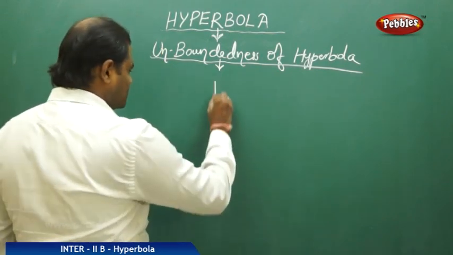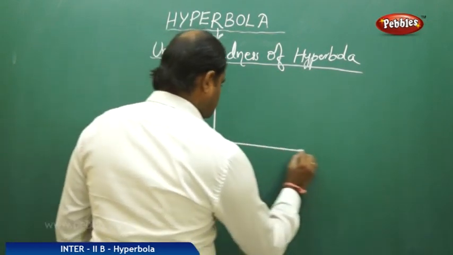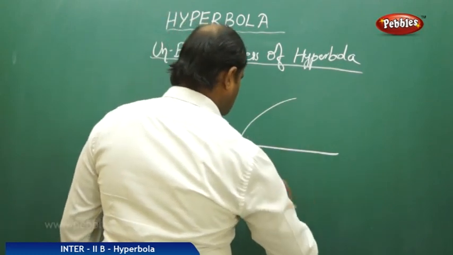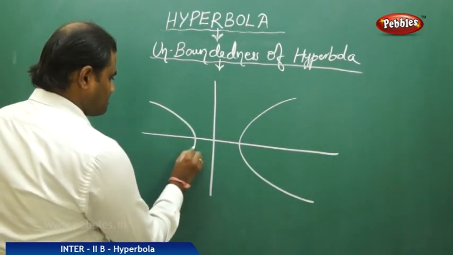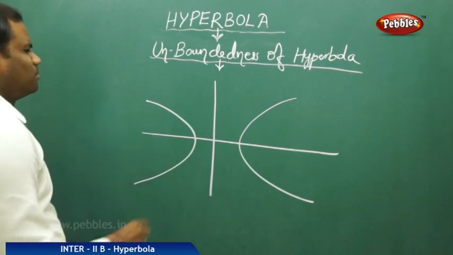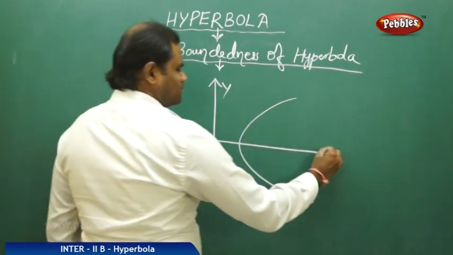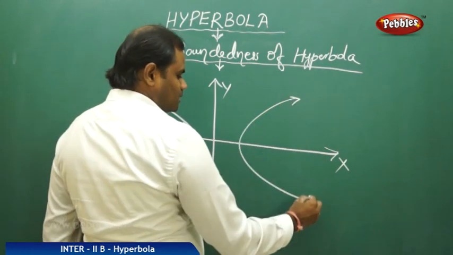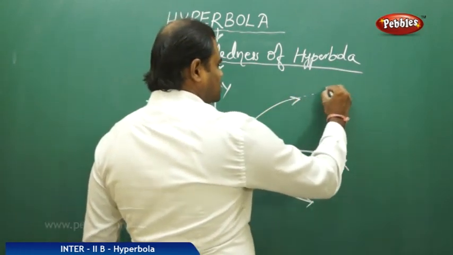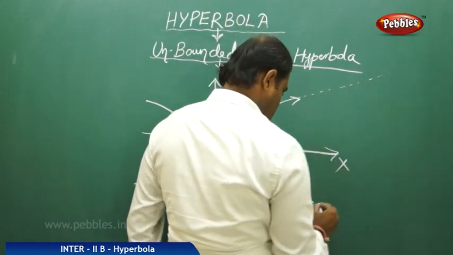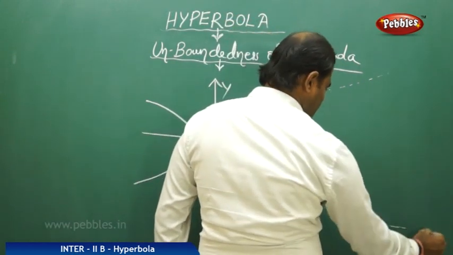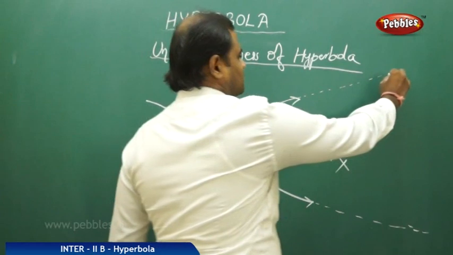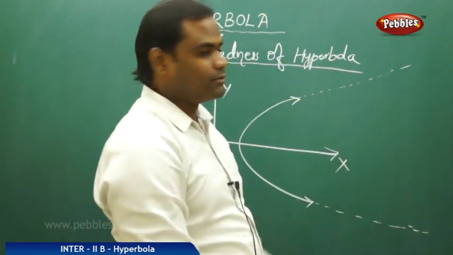Now, as we have seen here, the hyperbola which exists in this manner makes us understand that as I proceed further and further, it opens up and goes till infinity.